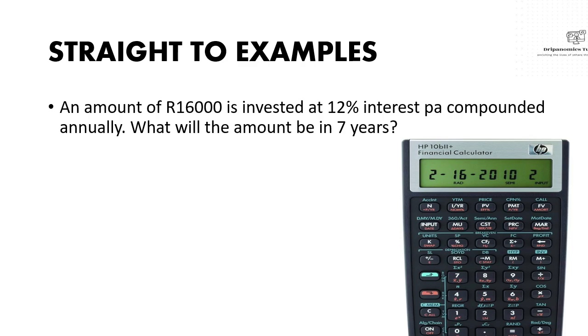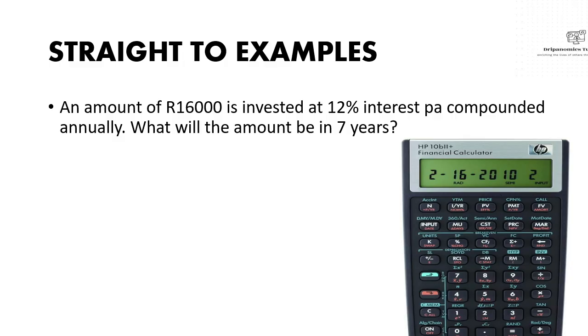Okay, so it says an amount of 16,000 rands is invested at 12% per annum compounded annually. Now, this is what you're actually given. When it comes to an amount being invested, I want you to listen carefully. If you invest an amount, that amount is the present value because it's the money that you took out today to put into a bank.